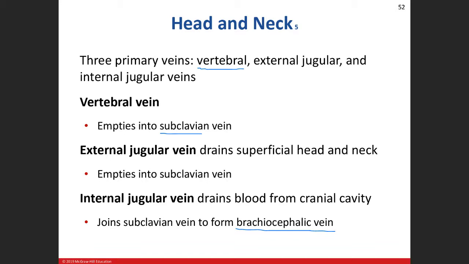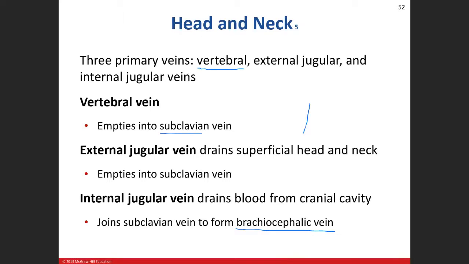They don't. They drain into something different. The external jugular vein drains into the subclavian vein. The subclavian vein and the internal jugular vein come together and form the brachiocephalic vein. Both the left and right brachiocephalic veins join together and make, remember, the superior vena cava.